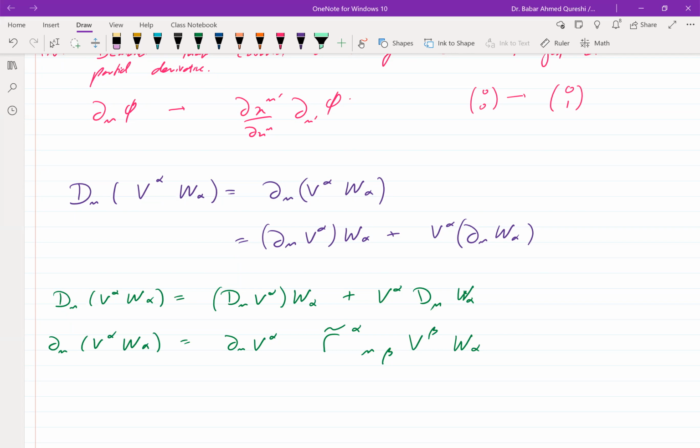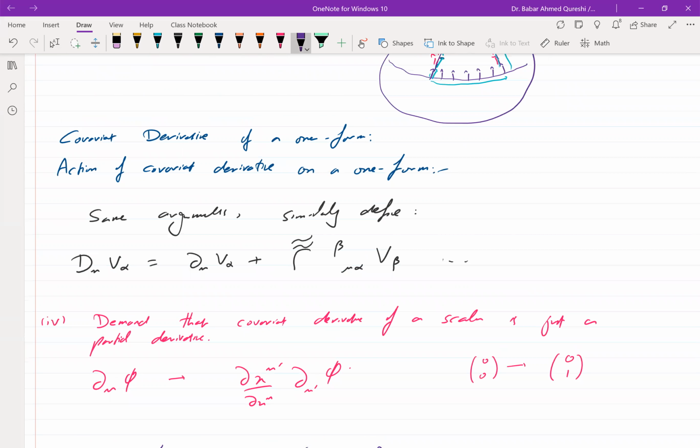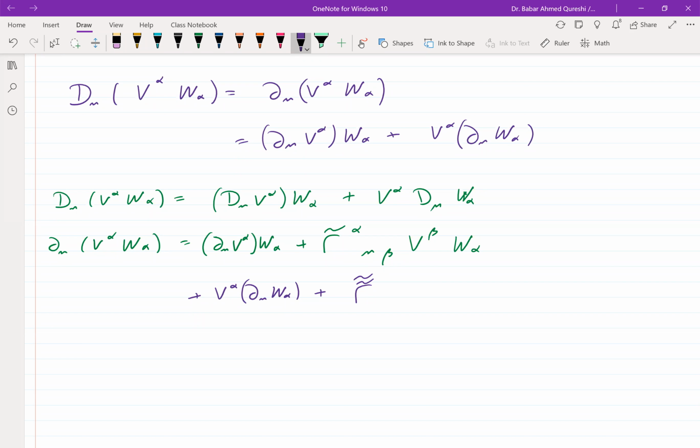So the idea is that there will be some other coefficients for the one form, which I'm writing with the double tilde. And the structure should be this, because I have to contract with this, and this contracts with V alpha.